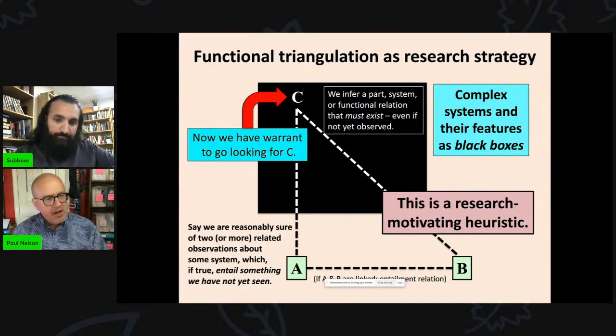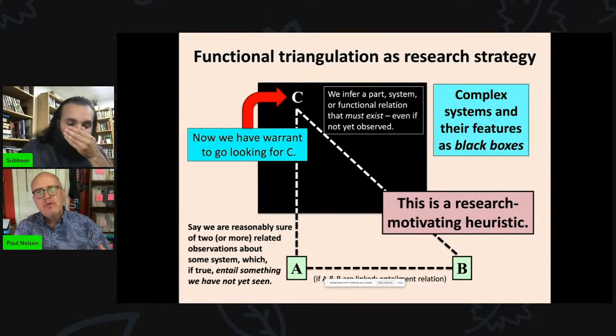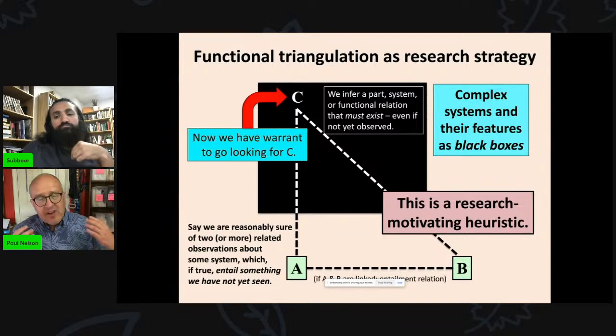And as I've said on other streams with Subor, science is hard. Nature hides her secrets, right? If science were easy, we wouldn't need labs. We wouldn't need instruments. We wouldn't need peer review. We wouldn't need the things that help us towards the truth and that enable us to find it. So science is hard.